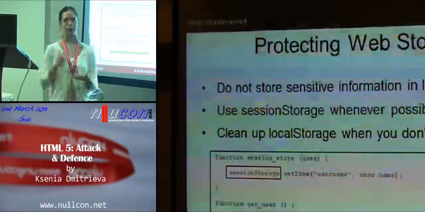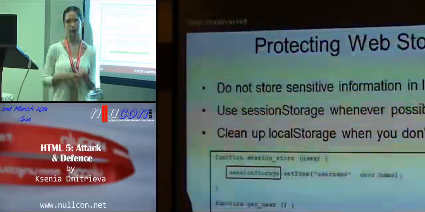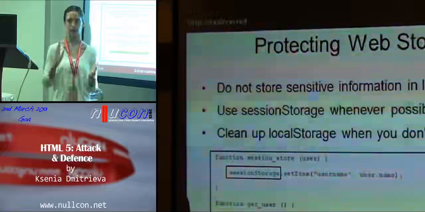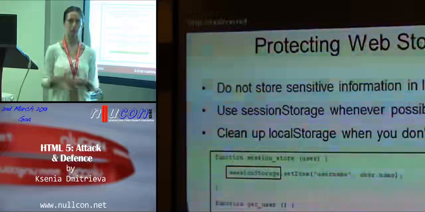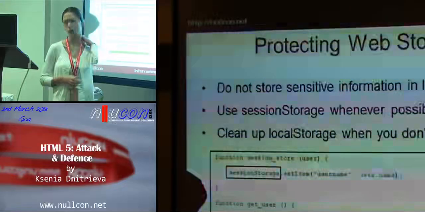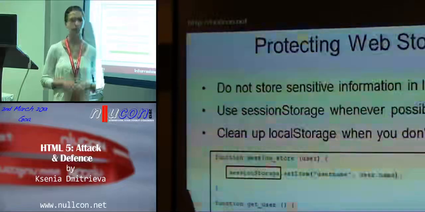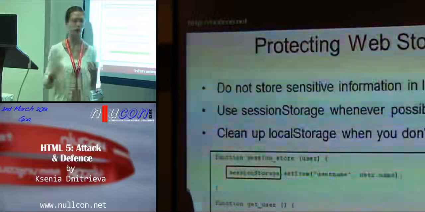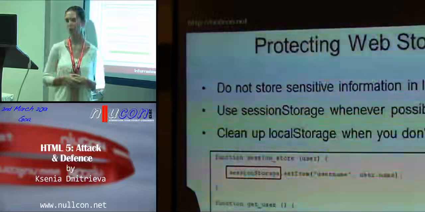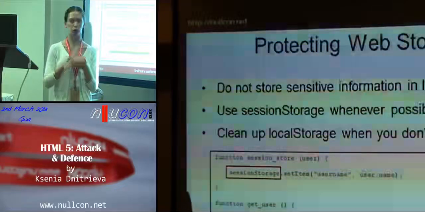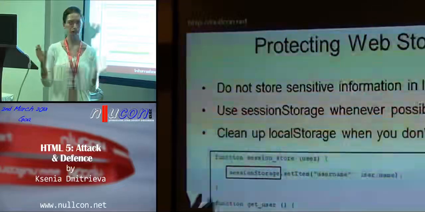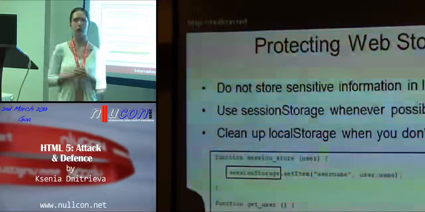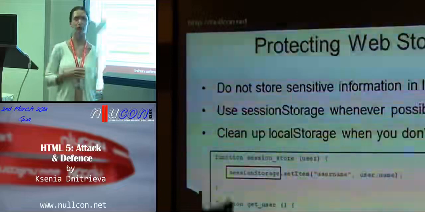By the browser implementations, they set a certain space limit on how much information each website can store. And I think Chrome has like 5 megabytes, Opera has 7 megabytes, and IE allows 10 megabytes. It is controlled by the domain, by the origin, but it's not specified for the subdomain.